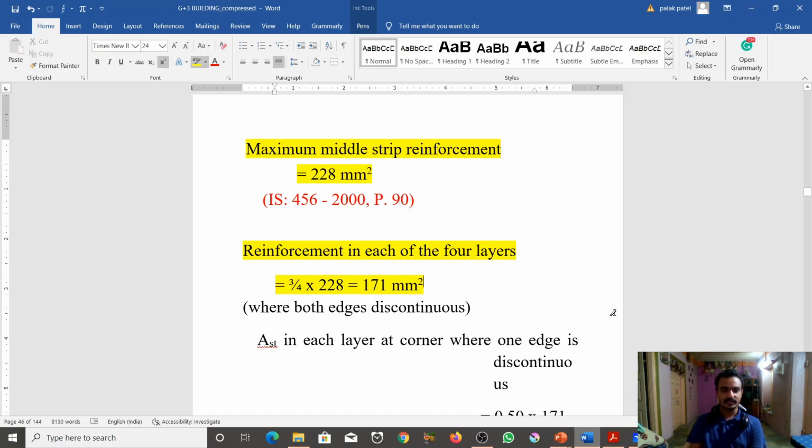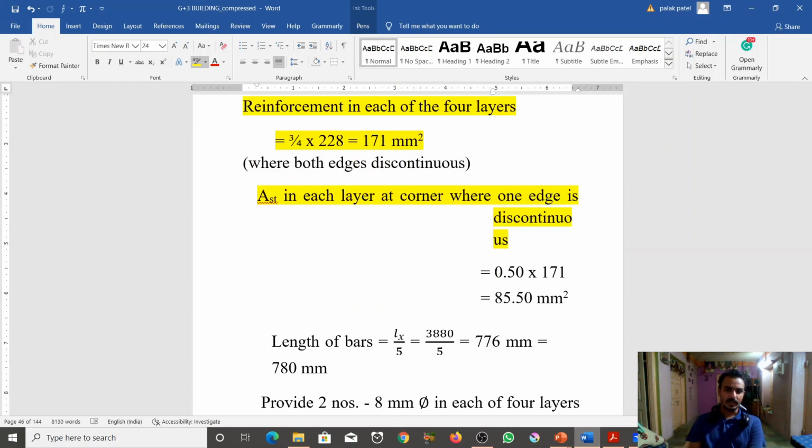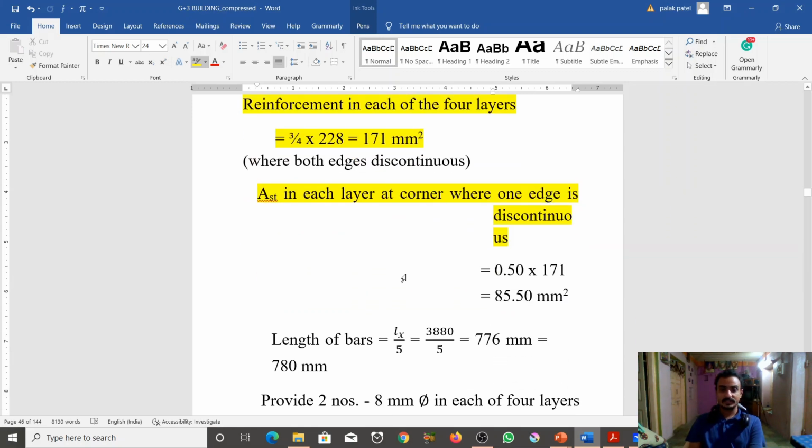So Ast in each layer at a corner where one edge is discontinuous: 0.50 into 171, which is 85.50 mm². This is the area where one edge is discontinuous.